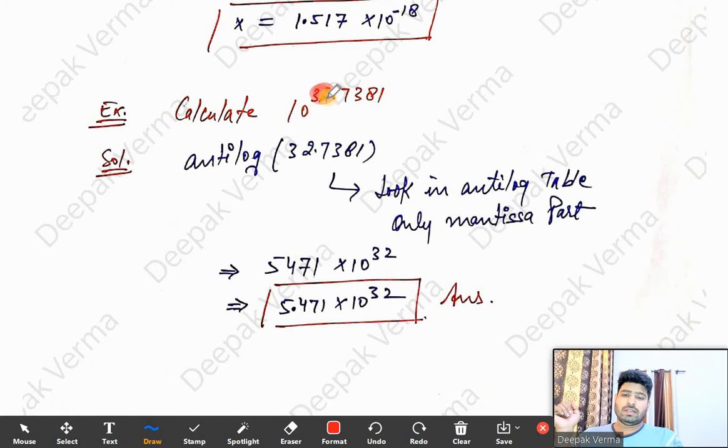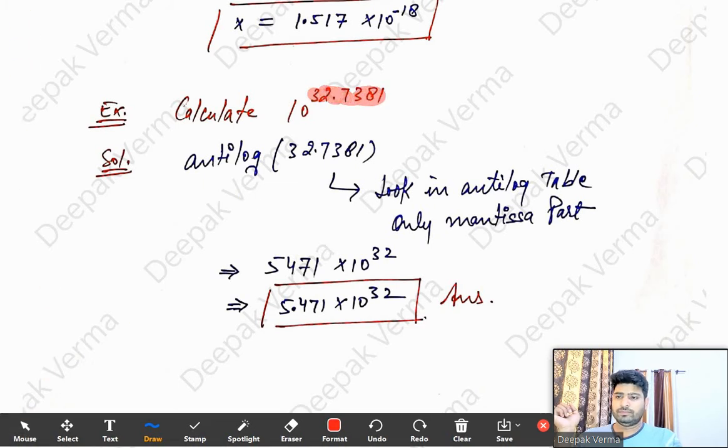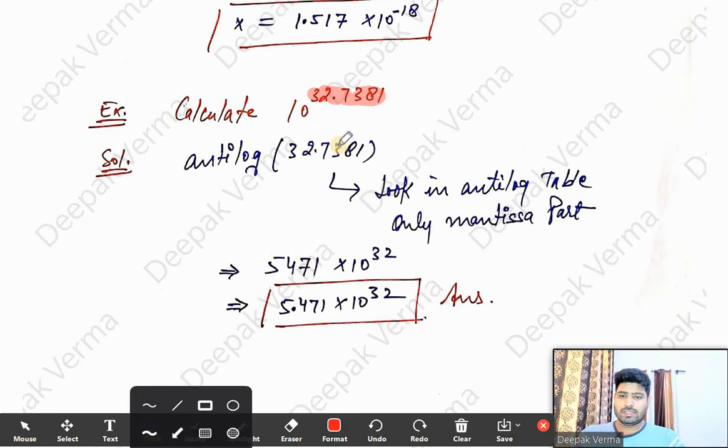10 to the power 32.7381. So calculate, meaning now we have to find the antilog of 32.7381. Okay, in order to find the antilog of this, here the characteristic part is positive, so the mantissa part is also positive.